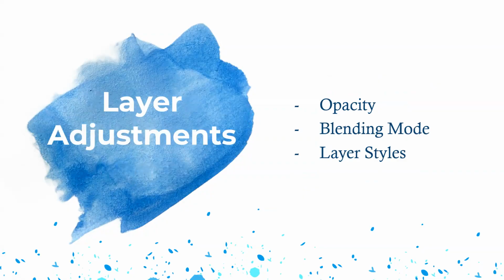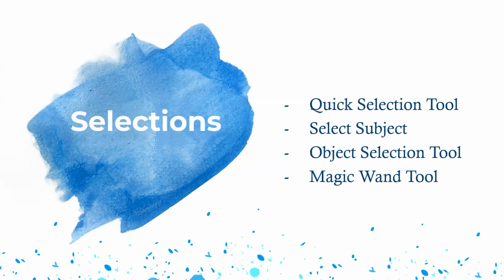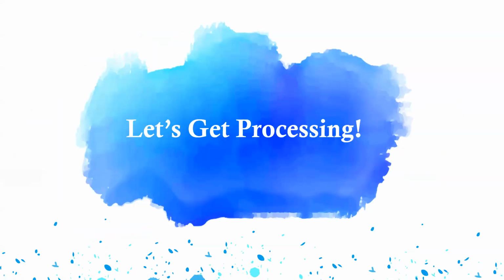For layer adjustments, we have opacity, blending mode, and layer styles. And for selections, we have the Quick Selection tool, Select Subject, the Object Selection tool, and the Magic Wand tool. So let's get to the good stuff.